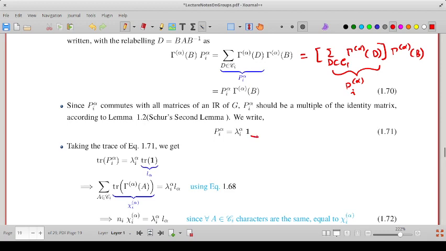But this is an identity matrix of order L alpha, because P alpha I is a square matrix of order L alpha times L alpha, as it is constructed from the representation matrices gamma alpha.